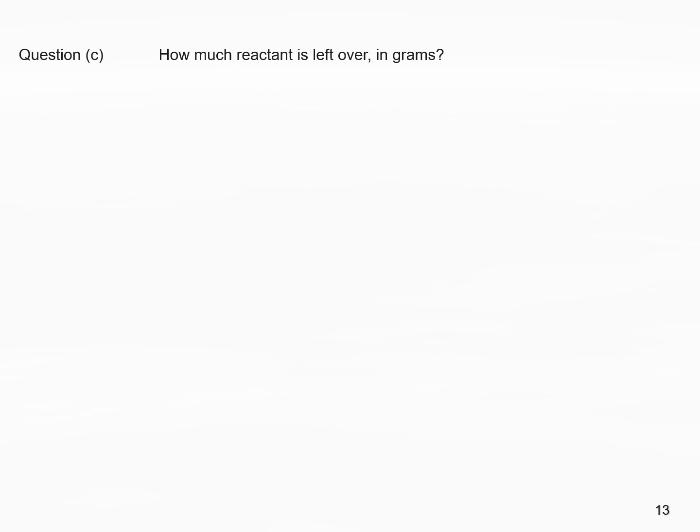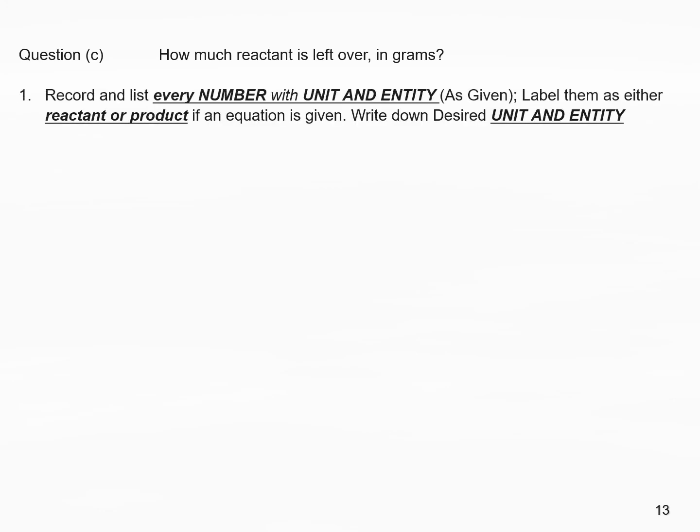As for question C, how much reactant is left over in grams? In order to answer this question, first, we need to recall what we have done in the previous calculation problem. Remember, in question B, we identified what the limiting reactant is, right? So if you recall, it is, you're right, zinc sulfide.